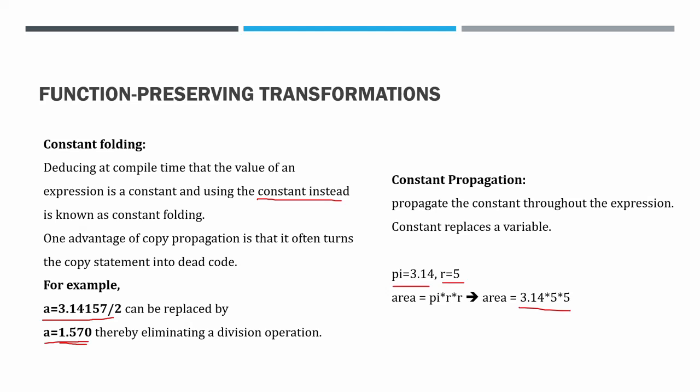This is what we call constant propagation. Constants replace the variable. We know that pi and r will be used only in this particular expression, so there is no need for declaring a variable, which would take space. We can directly have that value in the expression itself.